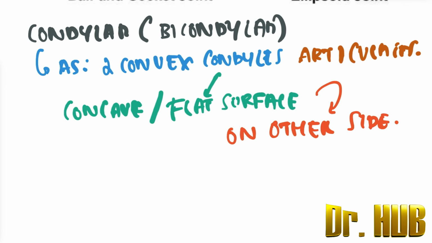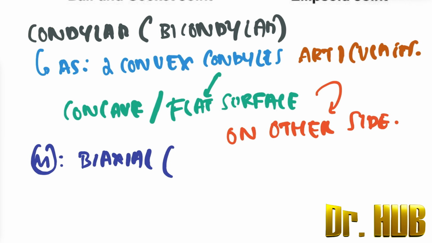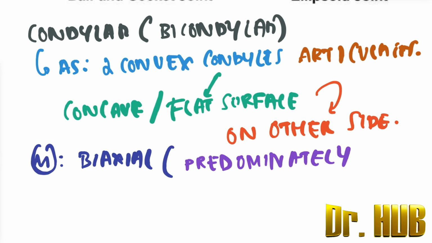Then what about the movement? The movement of the condylar joint is biaxial, but predominantly one axis movement.